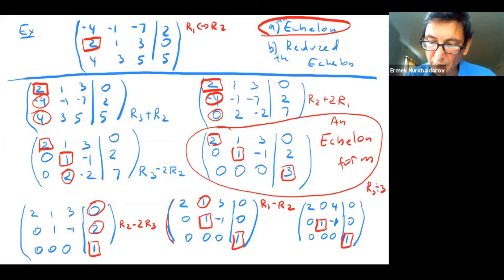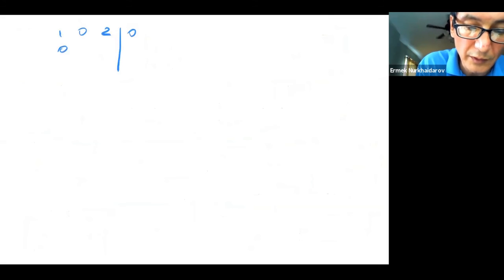The pivot from the second row is taken care of. All that is left to do is take care of the pivot in row 1, and it's easy. Just take row 1 and divide by 2. We get 1, 0, 2, 0, 0, 1, -1, 0, 0, 0, 0, 1.